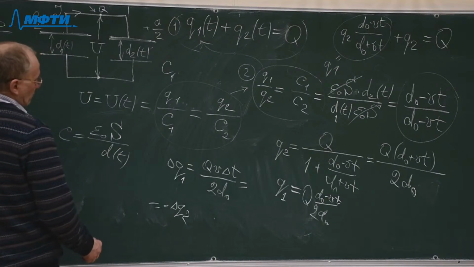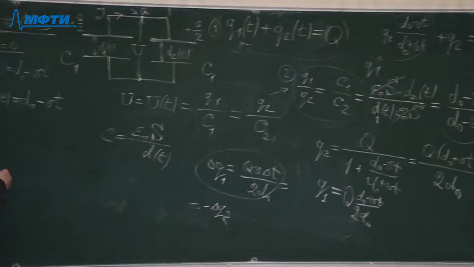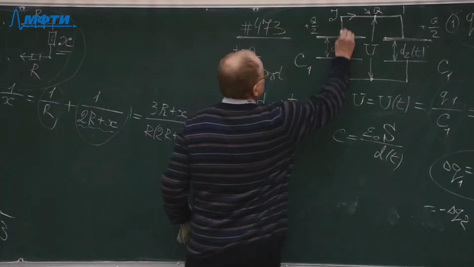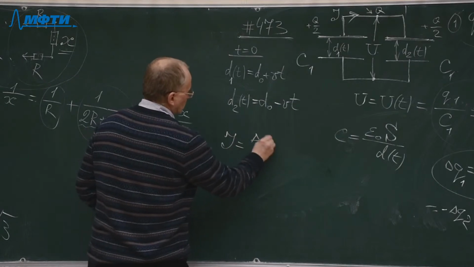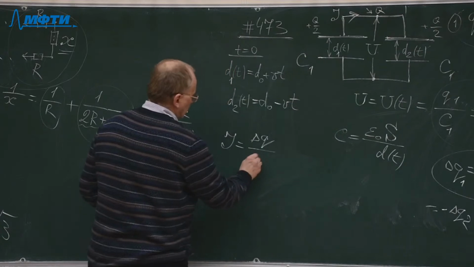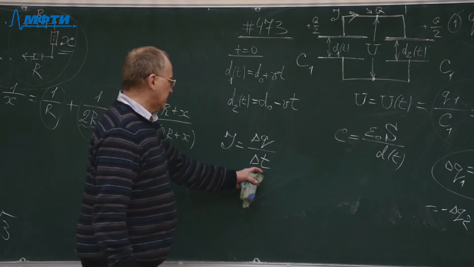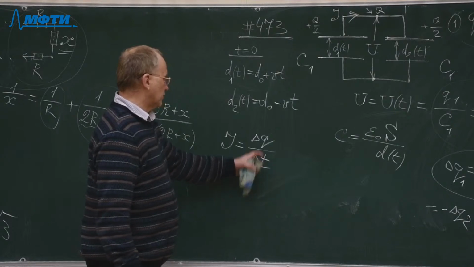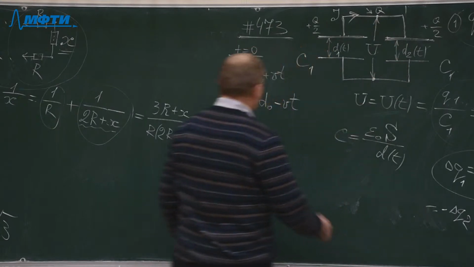And so if we divide this formula by delta t, then we obtain the electric current which flows here, because by definition current is the charge that goes through the wire divided by delta t, that is the time interval during which this charge went through this wire.